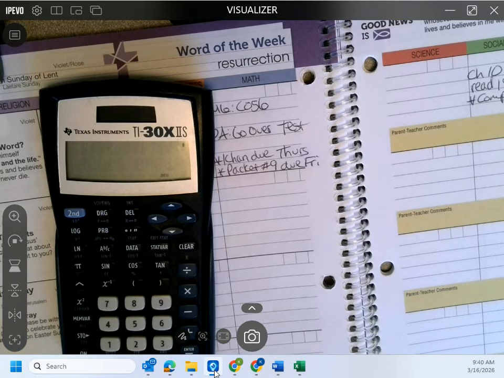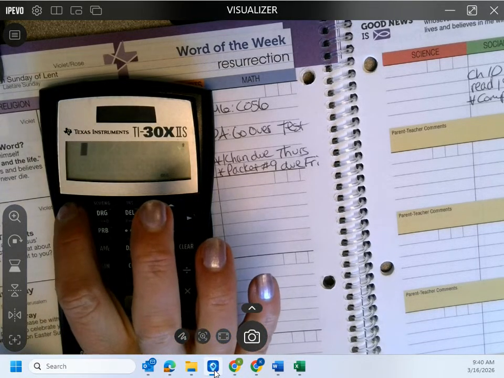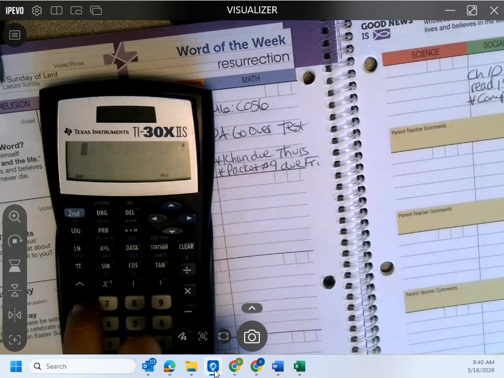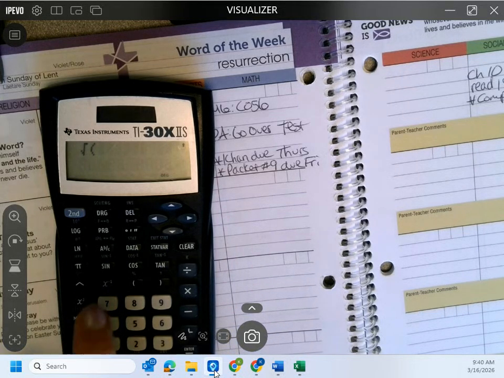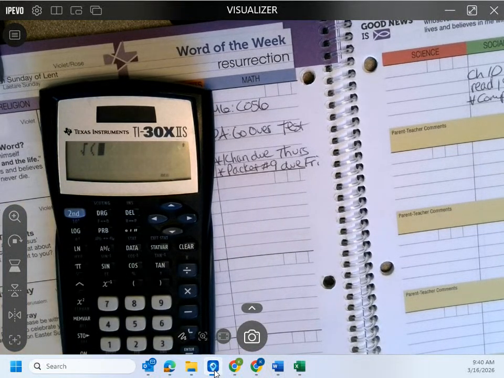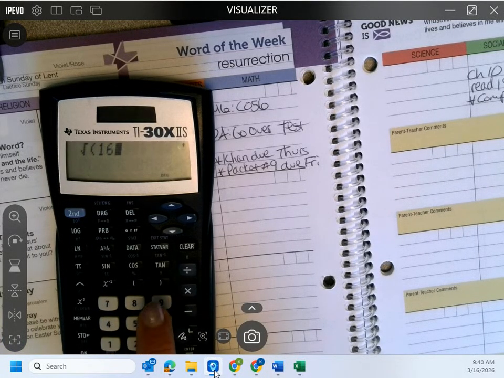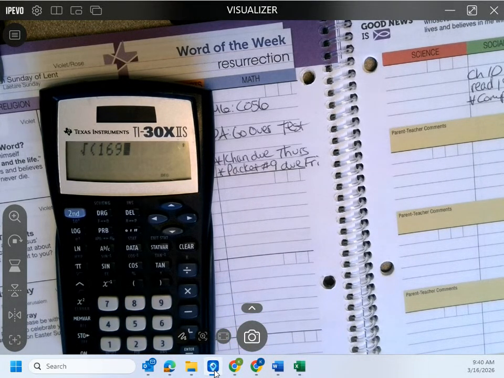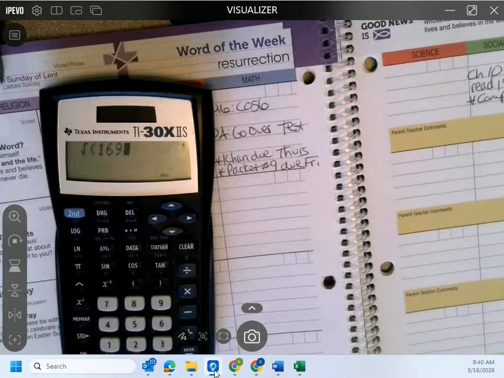You can see that little square root symbol. So to get to that, we do second, and then we press that button that's right below it, and now we can see that square root on the calculator. And then we put in the number that we want the square root of.